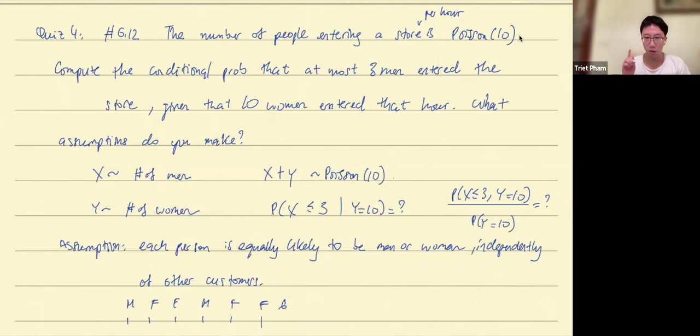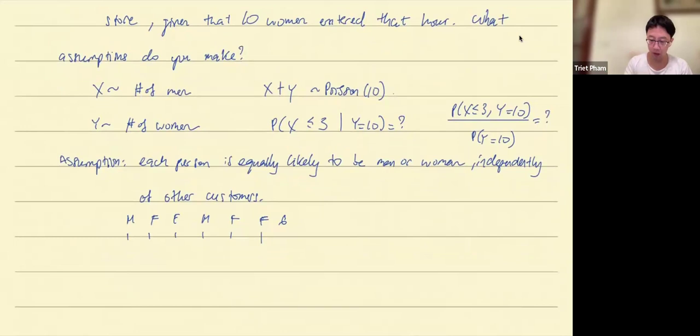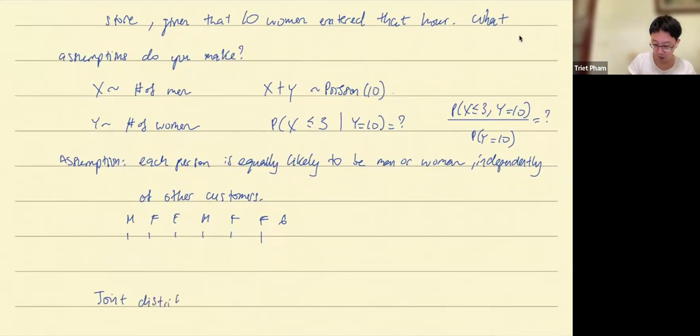What's still missing, and you'll see that the goal here is the joint distribution of X, Y. That's the implicit question all along.